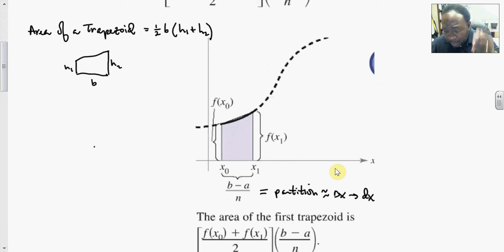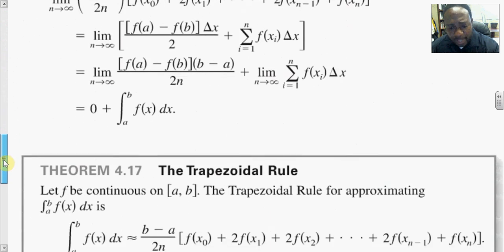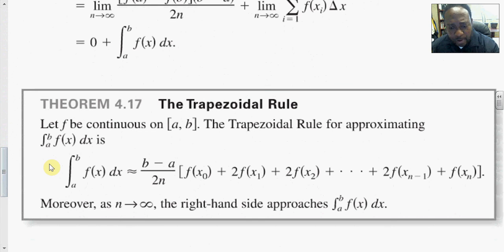Now, the problem that I will give is straightforward, so you can actually compute it by hand. We will solve for the area based on the trapezoidal rule, then the next one, the Simpson's rule. The trapezoidal rule will have as its result that the integral is approximated by (b minus a) over 2n.